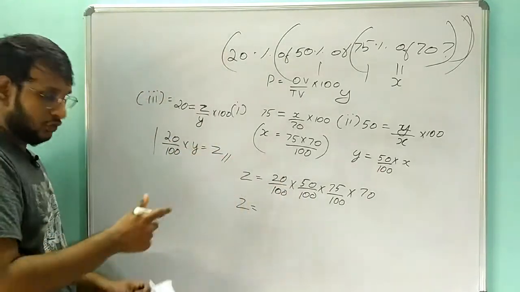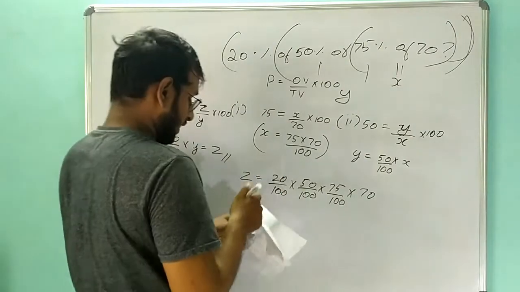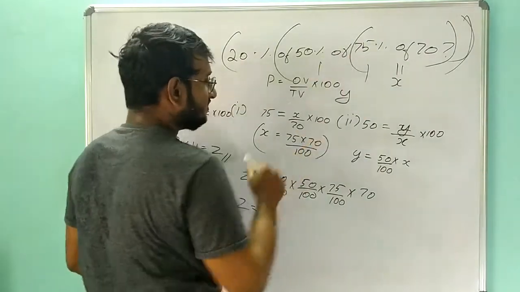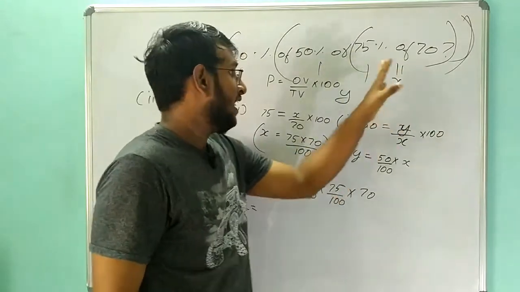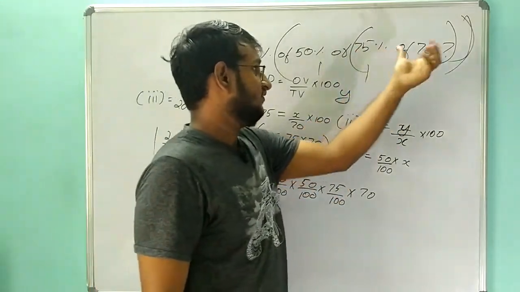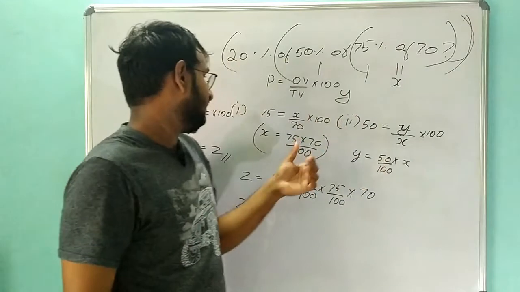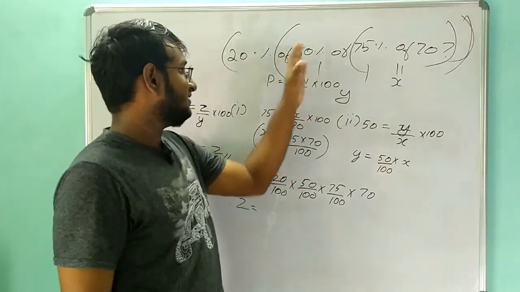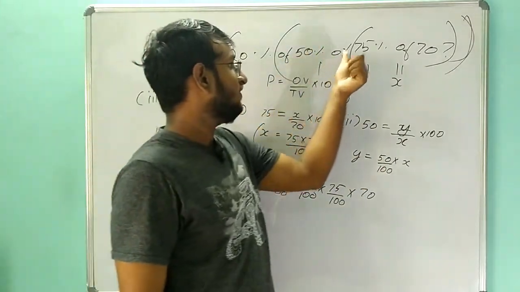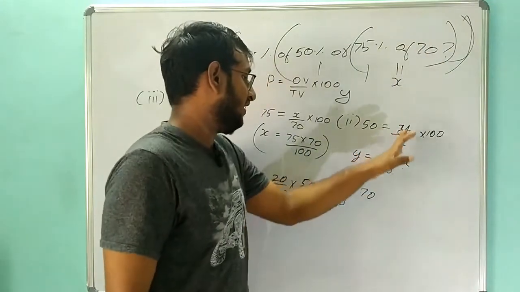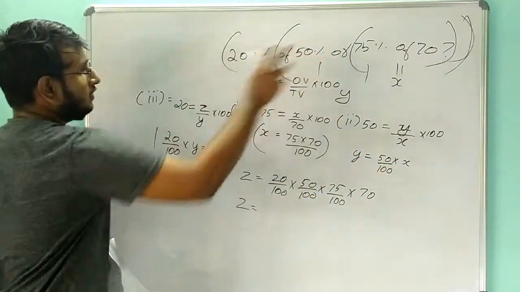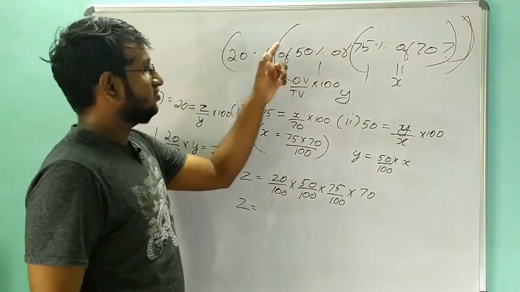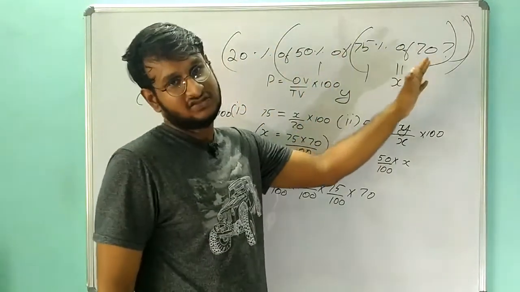So do you get what I am doing? I took only one part of this and I have equated that into x, okay? First I am calculating 75 percentage of 70 and I take that as x, and I am doing the 50 percentage of 75 percentage of 70 and I take that as y. Finally I am taking the whole thing, that is z, 20 percentage of 50 percentage of 75 percentage of 70.